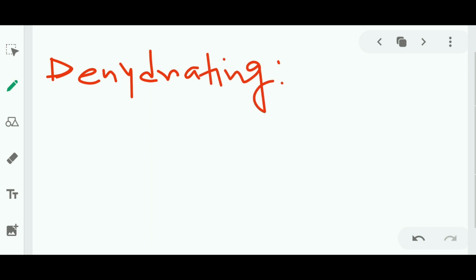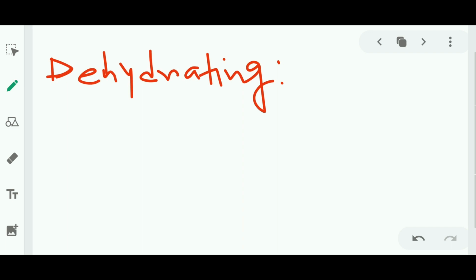When you remove water from any substance, it is dehydrated. So it has a particular ability to take out water from anything. Like whenever concentrated H2SO4 reacts with sugar, suppose you take some amount of sugar in a beaker. What is the formula of sugar?